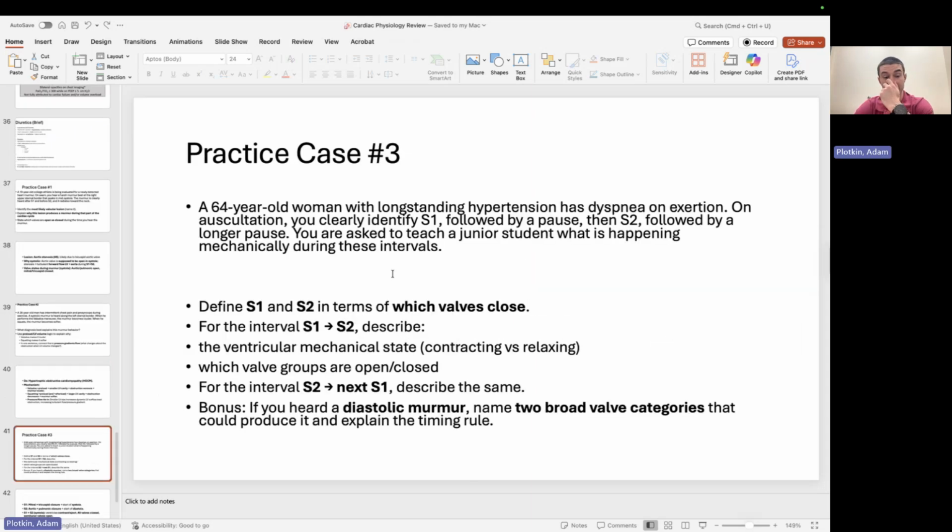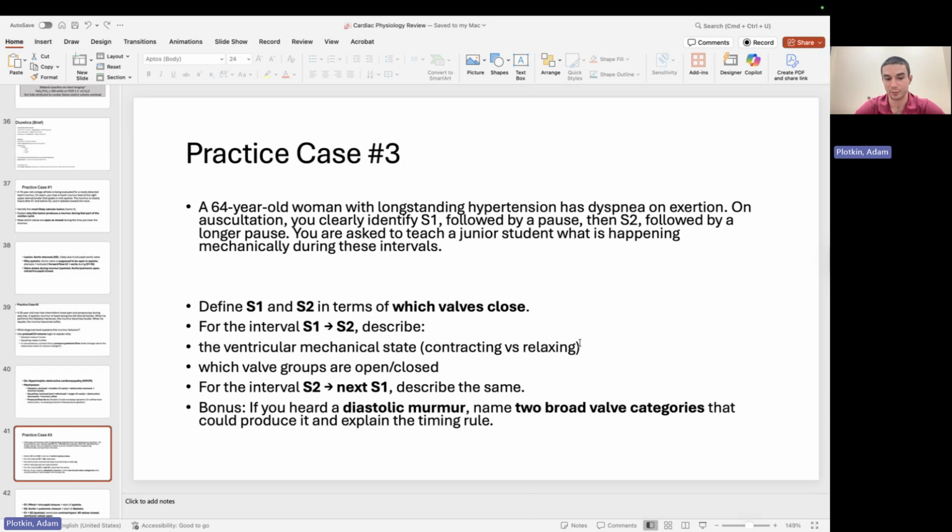And then number three: a 64-year-old man or woman with long-standing hypertension has dyspnea on exertion. On auscultation, you clearly identify S1, followed by a pause, then S2, followed by a longer pause. You're asked to teach a junior student what is happening mechanically during these intervals. Define S1 and S2 in terms of which valves are closed. For the interval between S1 and S2, describe the ventricular mechanical state.